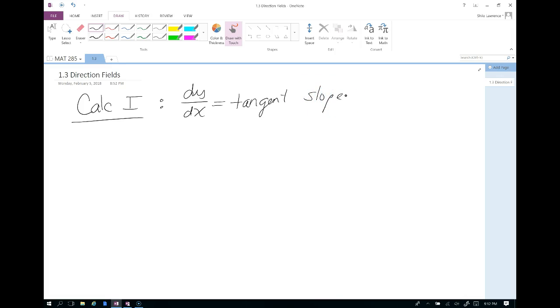So if we have a differential equation in the form dy/dx equals f of x, or f of x, y, potentially, we could have x's and y's there on the right-hand side, we could use that information to find some tangent slopes on our solution function. And we can find them just by picking some points on our graph.